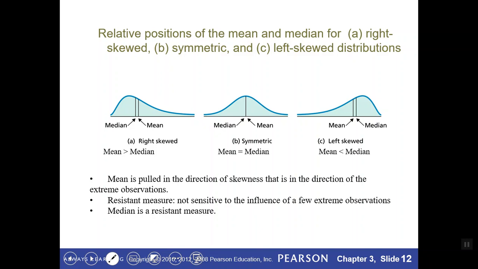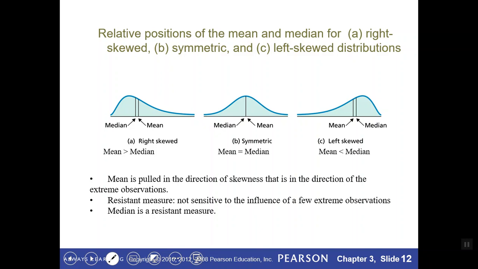I recommend that if you can, please remember these three properties. Mean is pulled in the direction of skewness, that is, in the direction of extreme observations. So in the first picture, why does the mean go to the right hand side? Because there are extreme observations, same as picture C. A resistant measure is not sensitive to the influence of a few extreme observations.